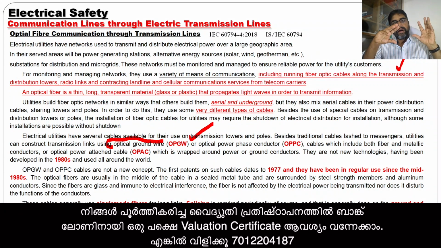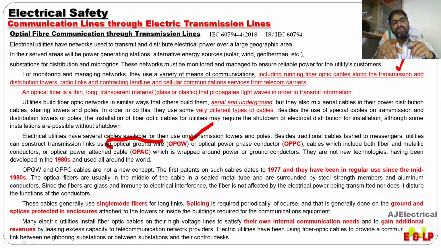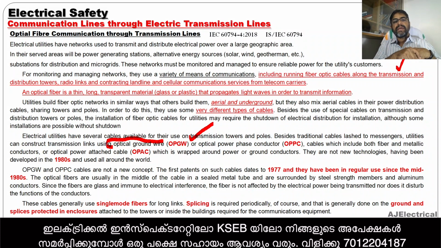So the outermost area, the metal part, will be for the lightning protection, and the inner fiber will be used for fiber communication. They were doing such experiments at that time, and that is what is called the OPGW, optical ground wire.